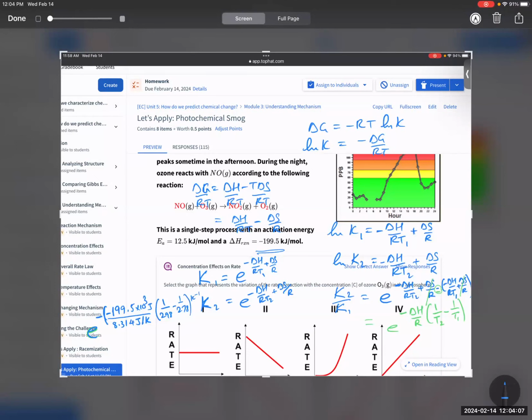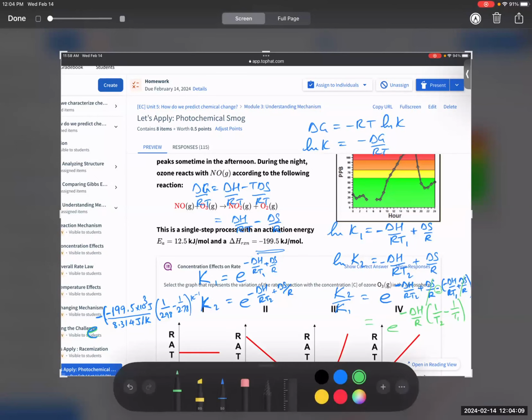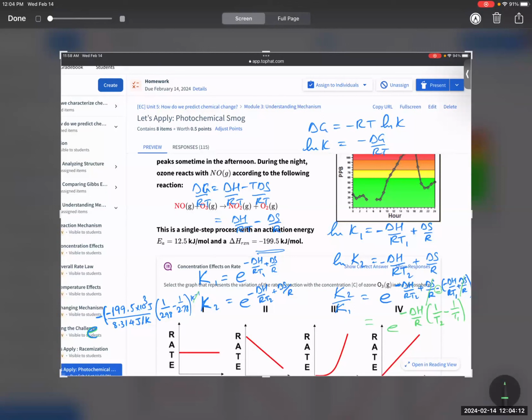Again, as before, the Kelvin cancels out, the joules cancel out, and we have these numbers. We did 1 over 298 minus 1 over 278. I think I have it.